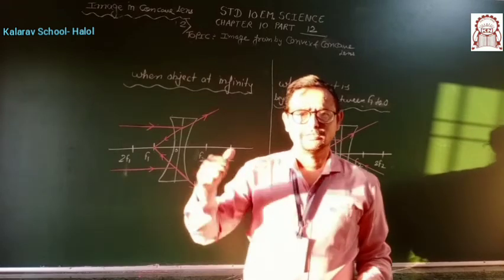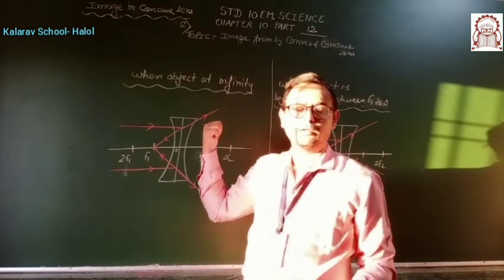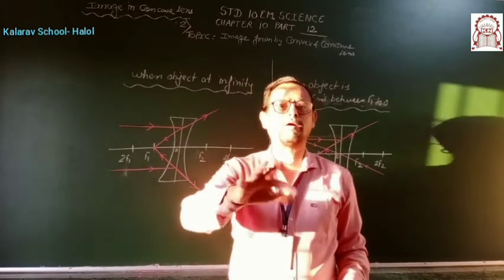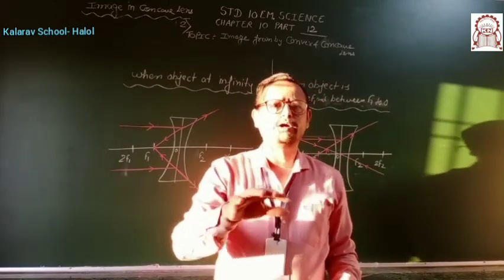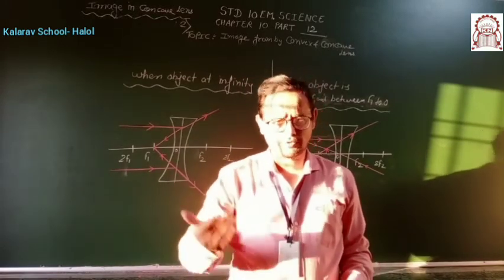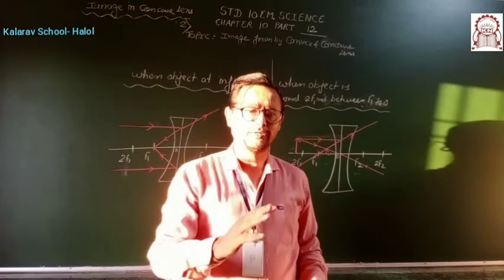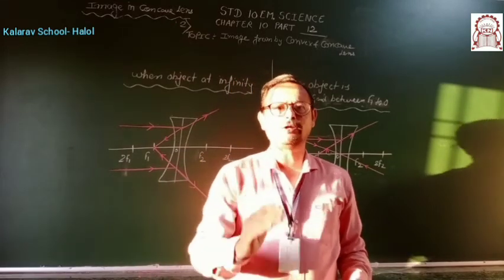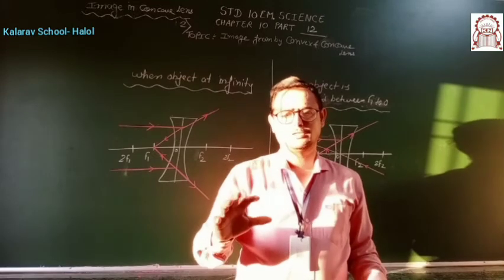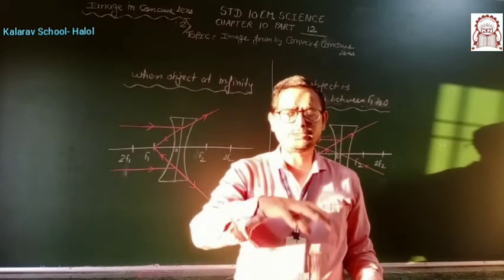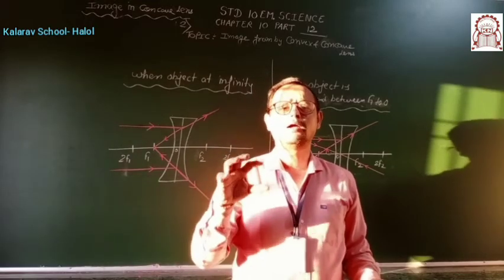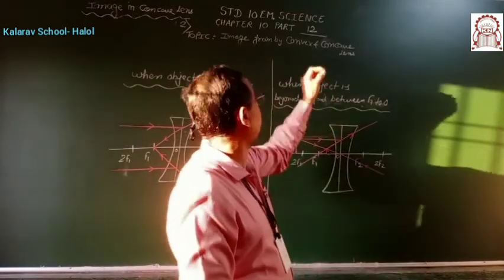One is the lens formula, and I will definitely do a comparative study with you: what is the basic difference between the mirror formula and the lens formula. That is the first thing. Second, we will try to understand the power of a lens, and third, whatever sums remain, I will explain them, and that will be our last lecture, the 13th lecture.